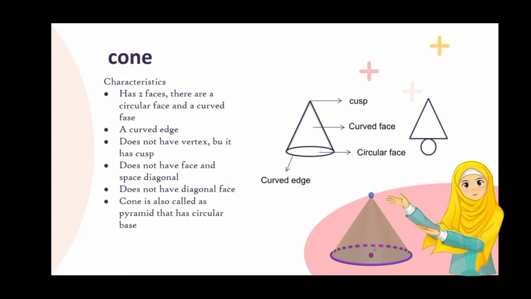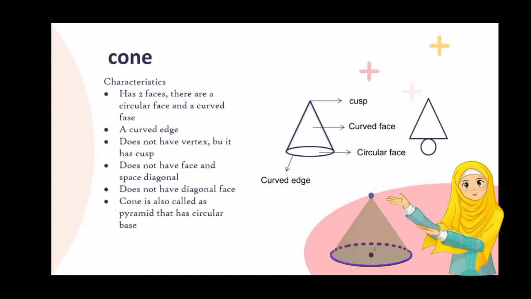Characteristics of a cone: 1. Has 2 faces. There are a circular face and a curved face. 2. A curved edge. 3. Does not have a vertex, but it has a cusp. 4.